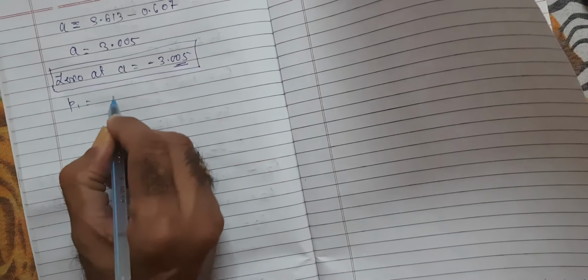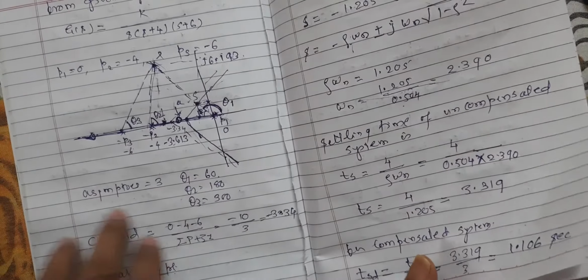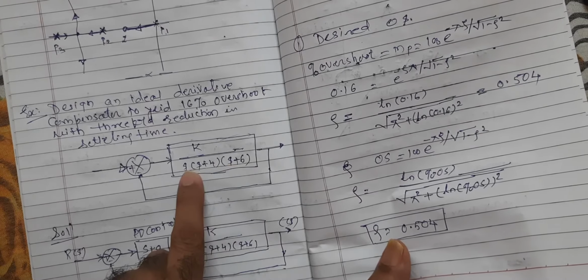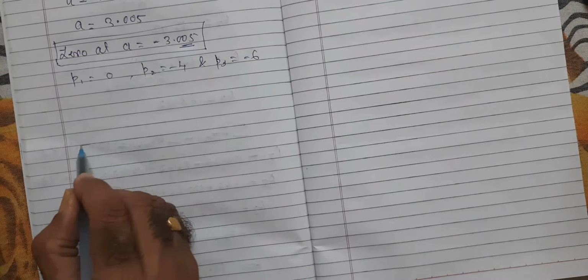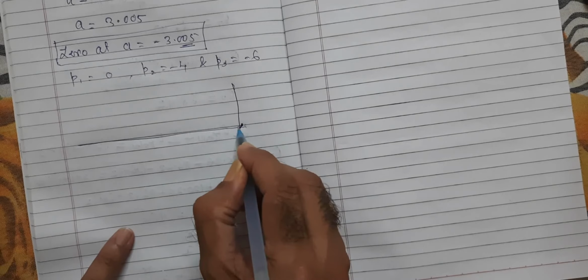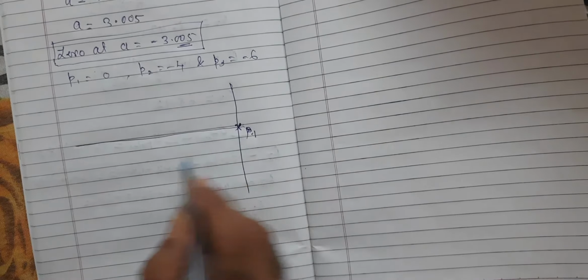My poles: P1 is equal to 0, P2 is equal to minus 4, and P3 is equal to minus 6. This is given already. Now see here, if we draw this one, here this is my pole P1, which is equal to 0.